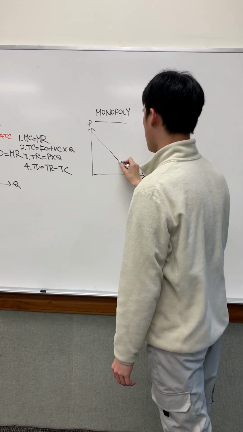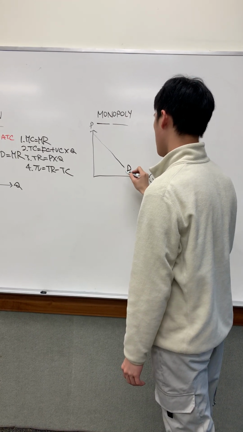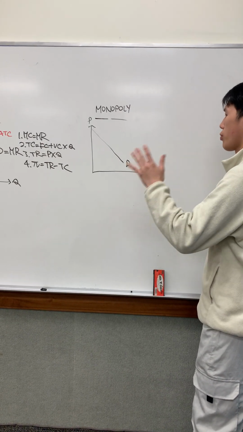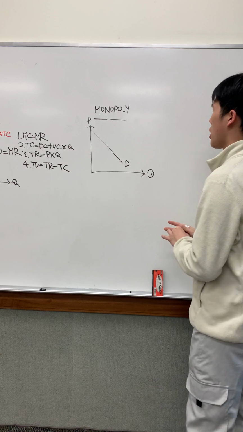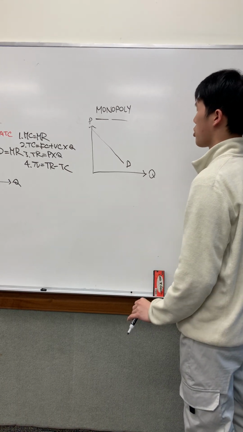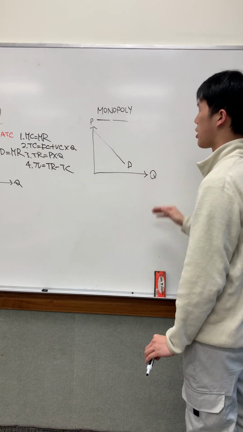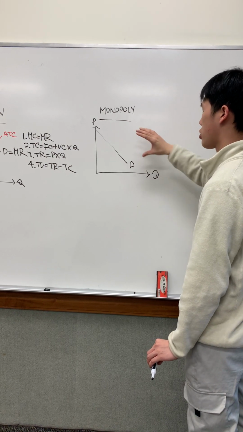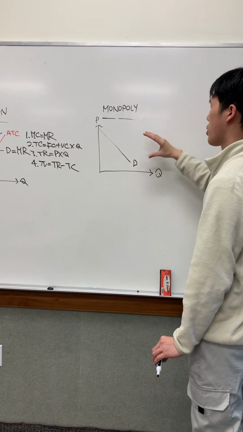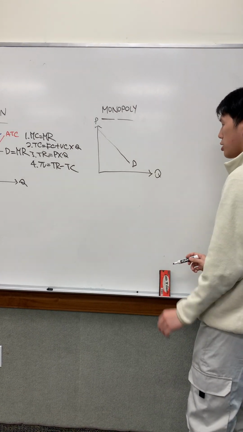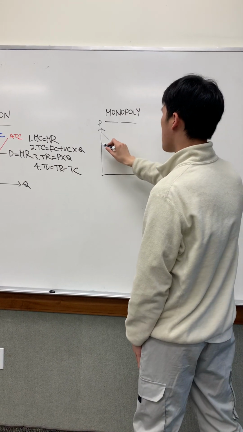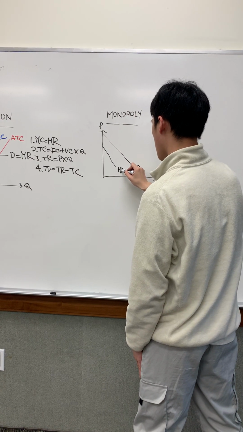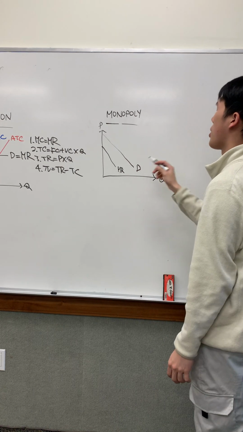This time the demand curve is going to be sloped instead of flat, because under monopoly there's only one seller in the market, and the seller has better control over price. Also because of that, marginal revenue is going to be even steeper than demand.